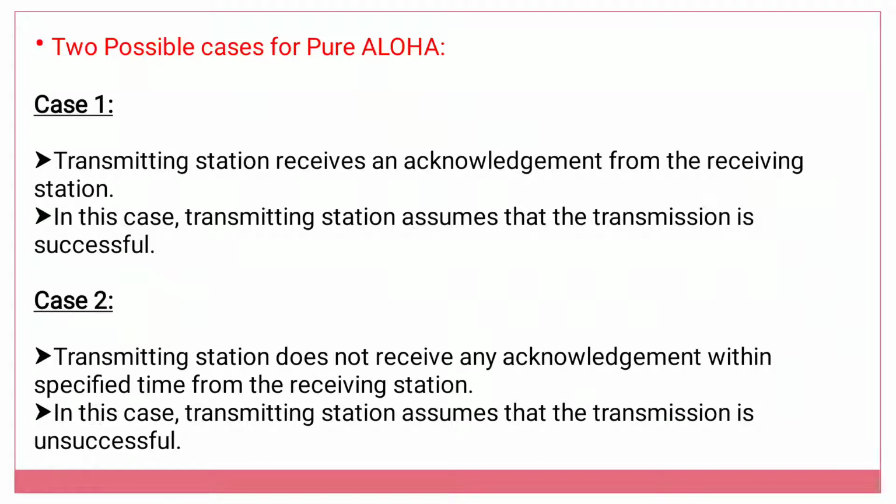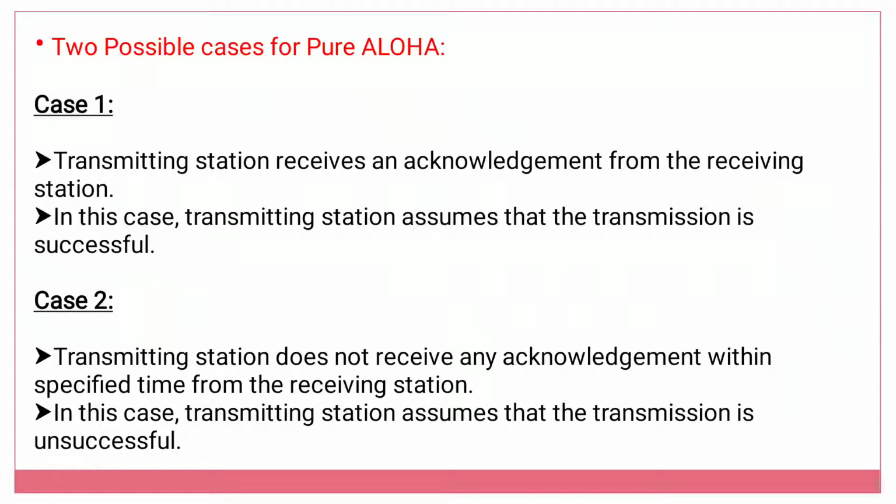So two cases are there: one is transmission is successful and the other is transmission is unsuccessful. When we call the transmission successful, it means the transmitting station receives an acknowledgement from the receiving station, and the sender assumes that the transmission is successful.